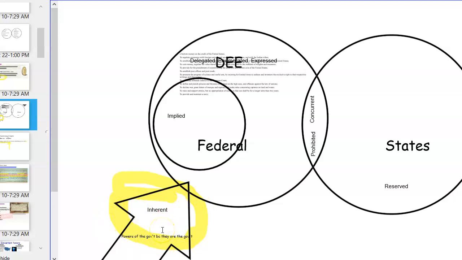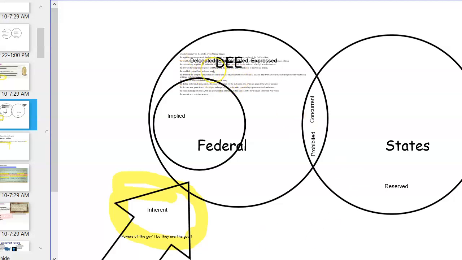Alright, so you got a little bit better idea. Airport security is an inherent power. If we allowed our states to all decide how they're going to run their airports and what security measures passengers would have to go through, it would be chaos. And so the federal government takes that power and regulates all air traffic because it keeps it consistent.